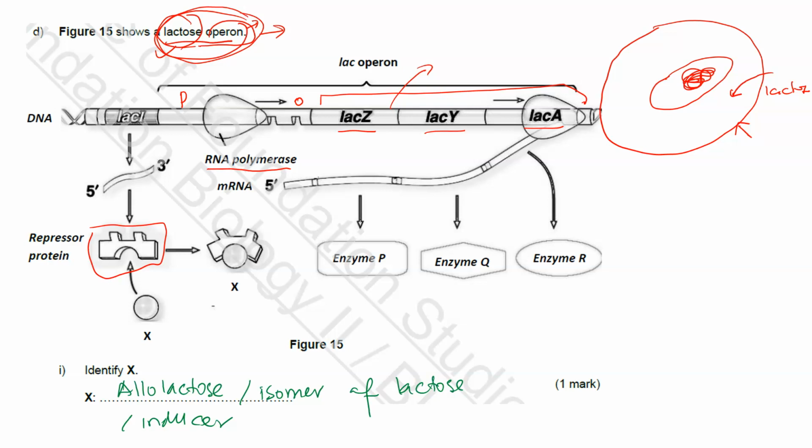So the bacteria will need to take up the lactose into the cell. In order to take up lactose into the cell, it requires the enzyme permease. The enzyme permease is coded by which gene?